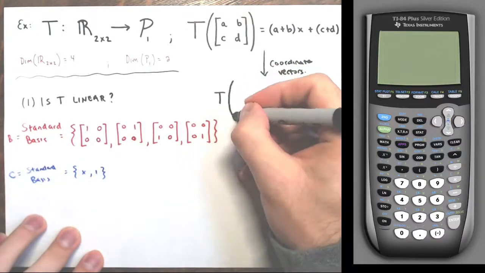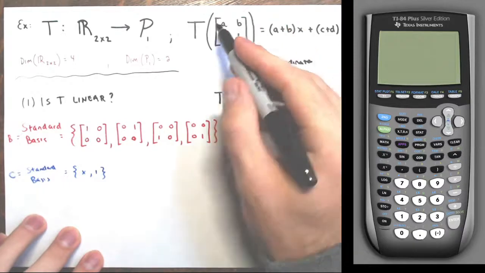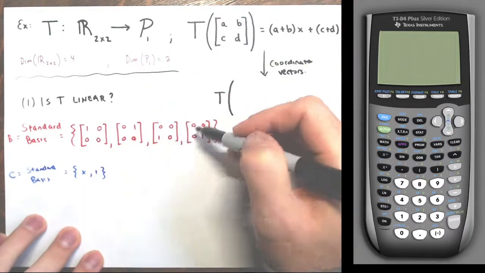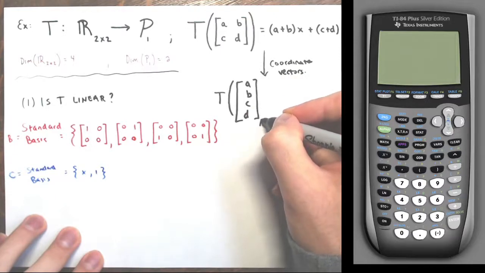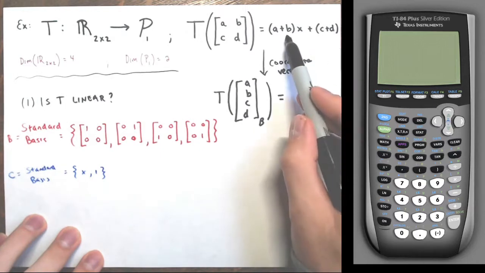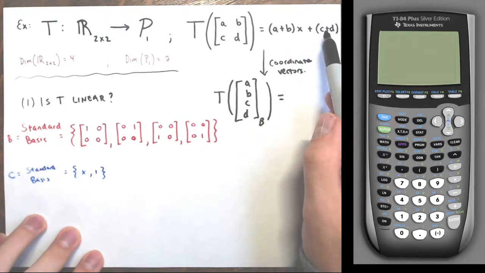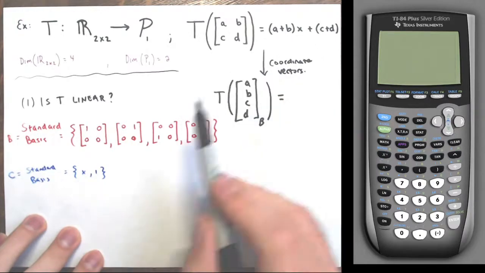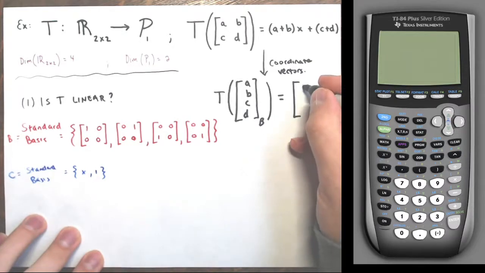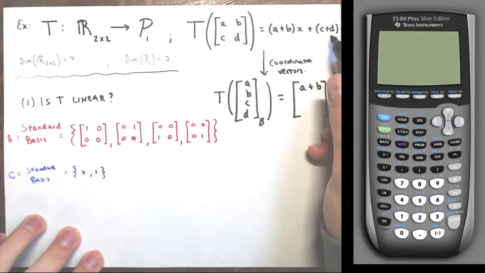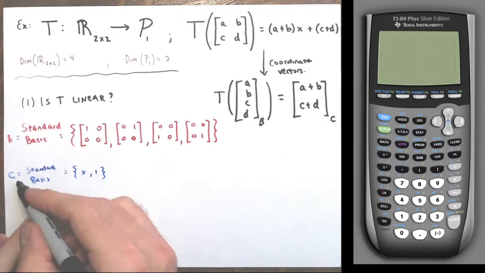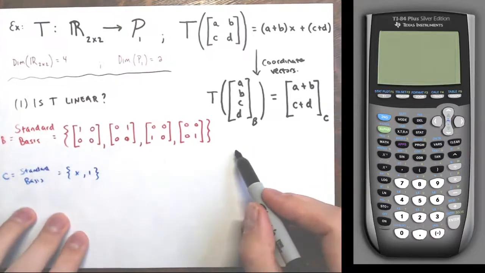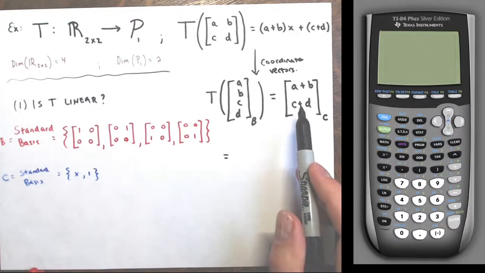I have T of the matrix with A, B, C, D, which is A of the first plus B of the second plus C of the third plus D of the fourth, so it has a 4x1 coordinate vector A, B, C, D with respect to basis B. This is equal to, writing the output in coordinates as a column vector, A plus B times x plus C plus D times 1, so a 2x1 with A plus B as the first coordinate and C plus D as the second coordinate, with respect to basis C. Then, like earlier, I can see how to write this as a matrix times the input vector.